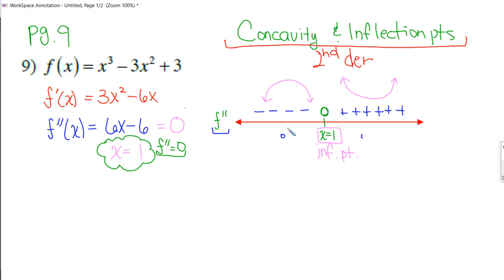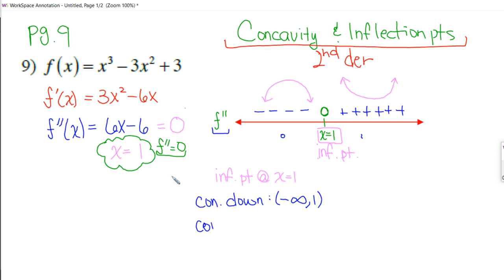Okay? So in order for me to answer this, I have my inflection point at x equal 1. And it's concave down, which means frowny face, from negative infinity to 1.